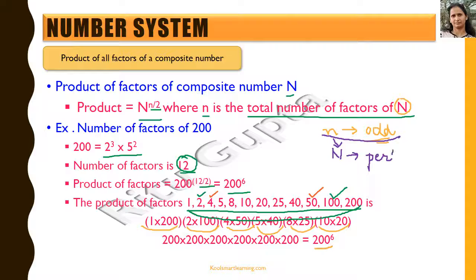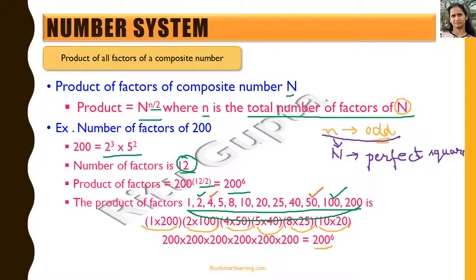So if the given number is not a perfect square, then we know that it will always have an even number of factors.